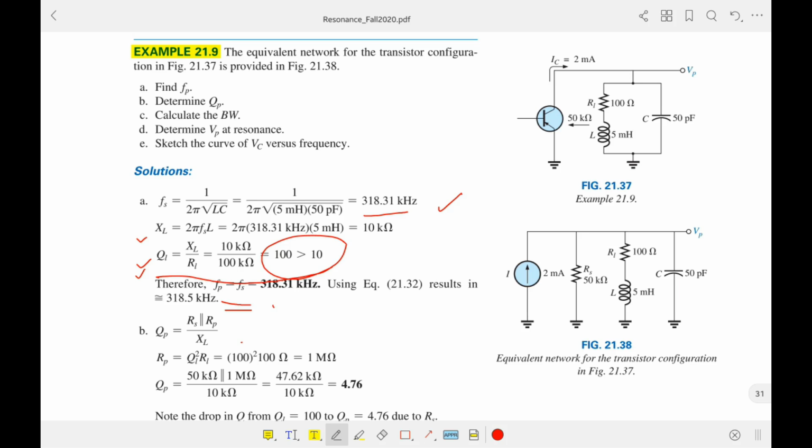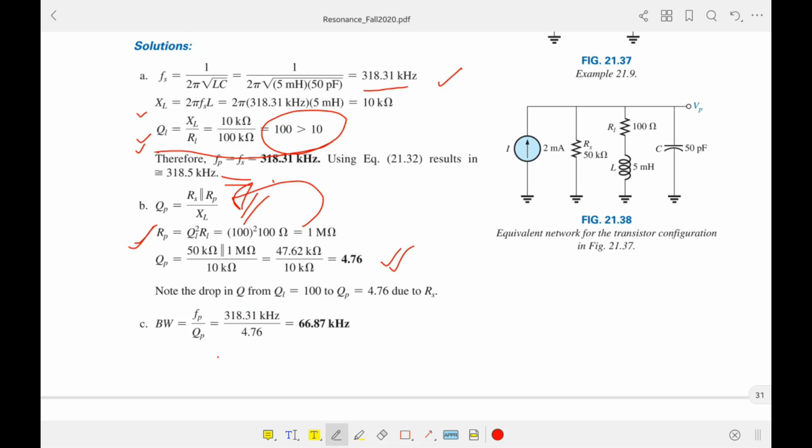And now they ask to determine QP. So QP equals RS parallel RP over XL, a similar formula to that previously shown. And then for RP, using the approximation we can write QL squared RL, and then QP, if you put these values here, is just calculated.